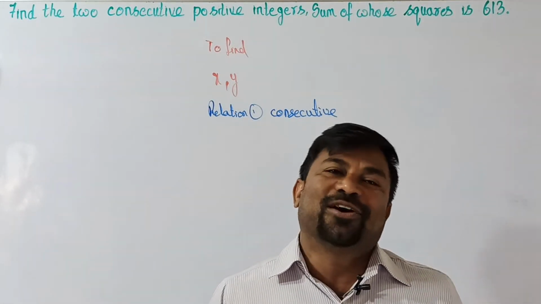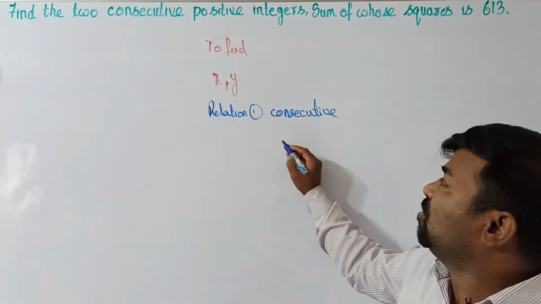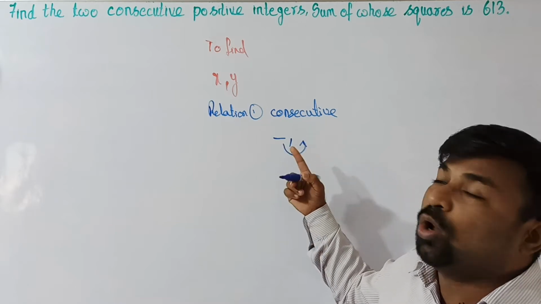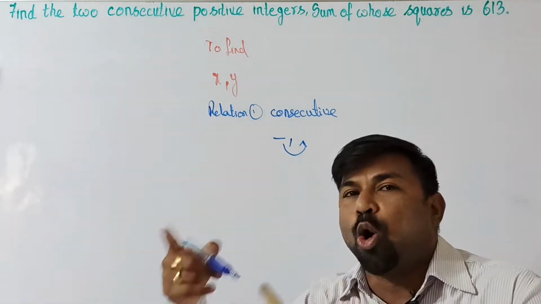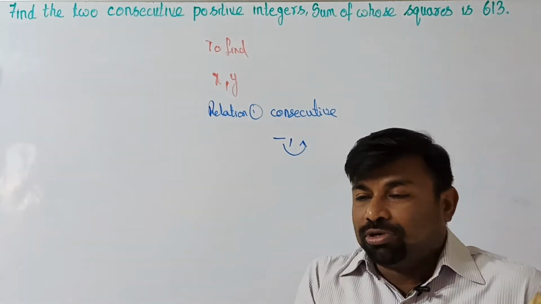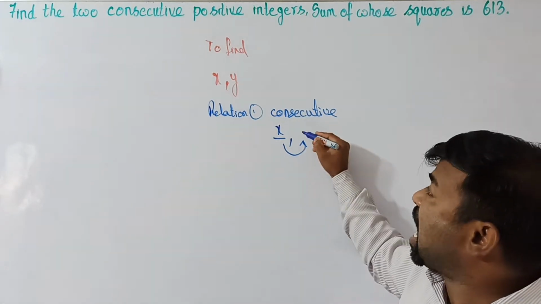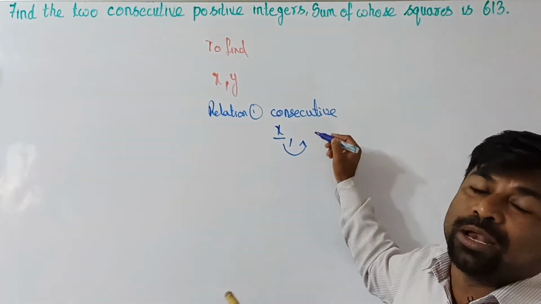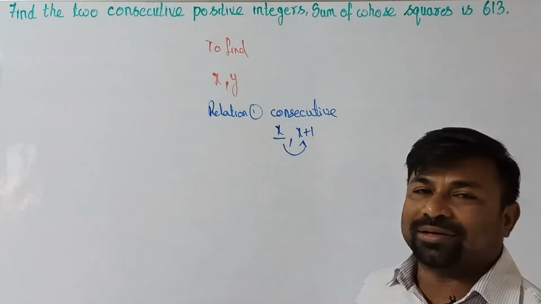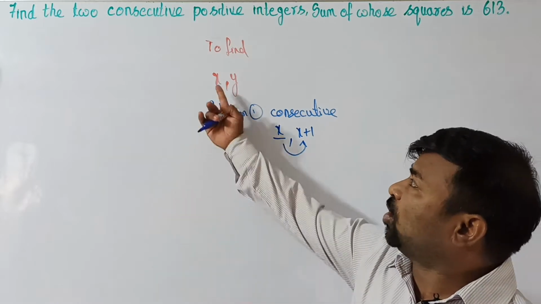What is the meaning of consecutive? If we have any number, the next number will be one more than the first number. If you consider the first number as x, the other number will be x plus 1. These are called consecutive numbers.